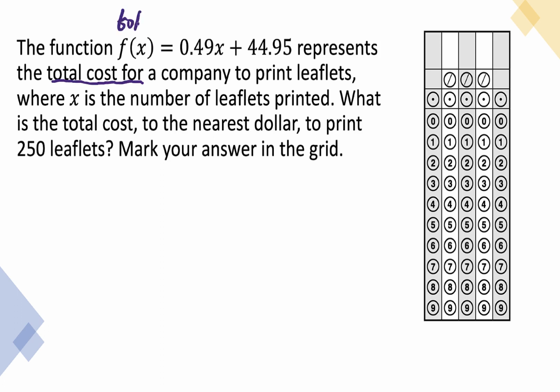So f of x is the total cost to print leaflets, where x is the number of leaflets printed. They go on to say, what is the total cost? So we want to find the total cost, which means we're trying to find f of x, to the nearest dollar, to print 250 leaflets.